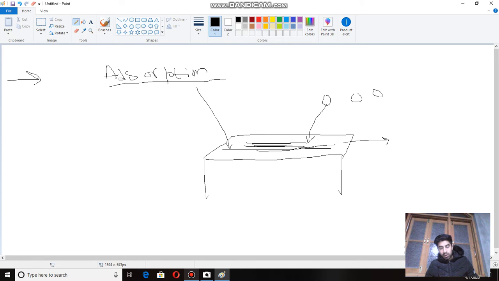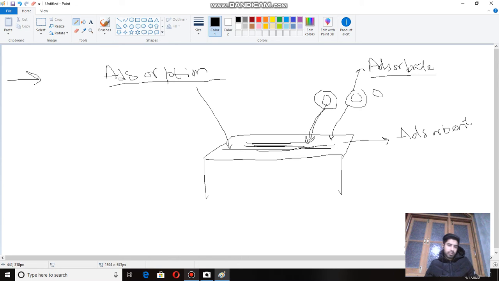This surface on which adsorption is taking place is known as adsorbent, and this foreign entity which is being adsorbed on this surface is known as adsorbate. A common example of adsorption: I hope you may have seen the whiteboards.